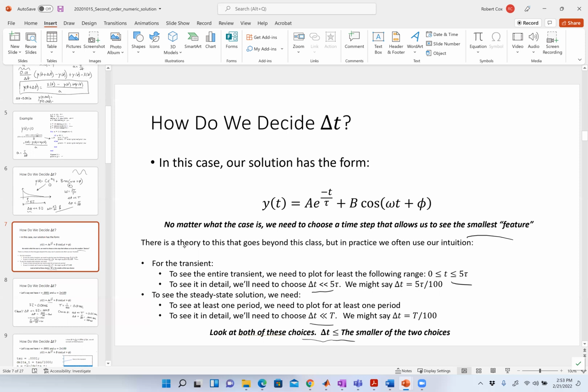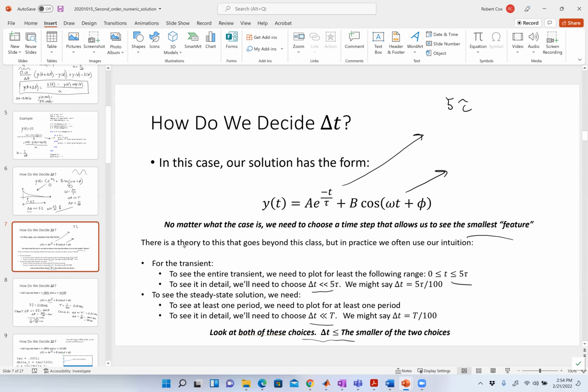And if I want to see a cosine like this, if I want to see a cosine accurately, I wanted to make sure of 2 things here. To see this guy, I need to be careful of this 5 tau thing. And what's the thing I'm trying to be careful of when I'm looking at a cosine?